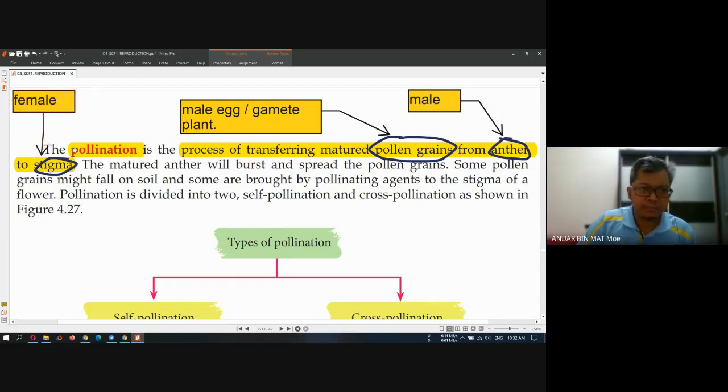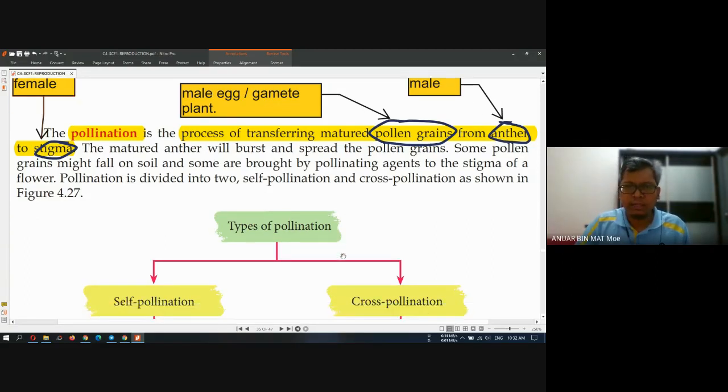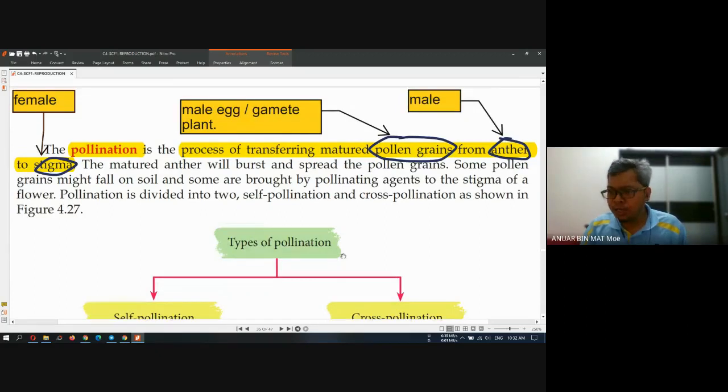The pollen grain is transferred from the anther to the stigma. This is what we call pollination.